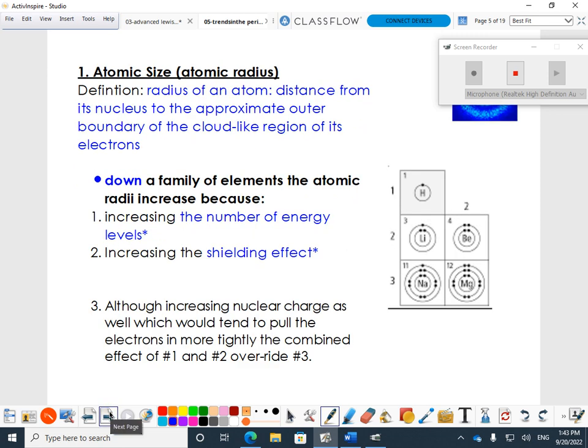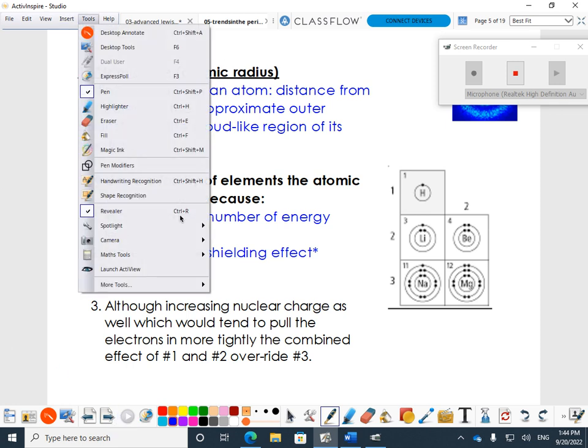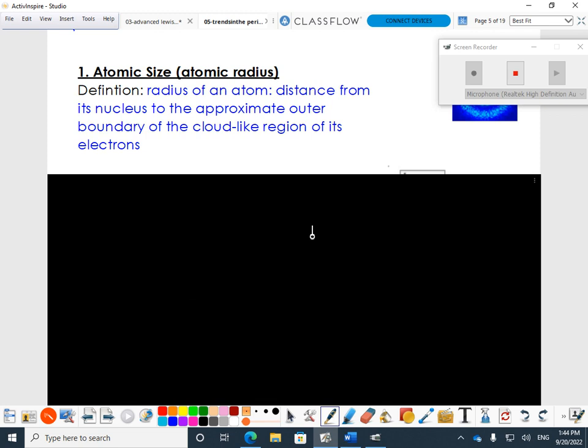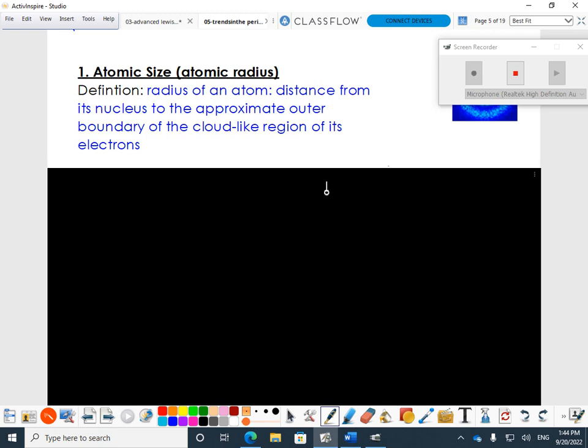We talked about atomic radius. So atomic radius was the distance from the nucleus. Again, we're going to eventually not think as flat as Bohr did, but that's okay, flat orbits.